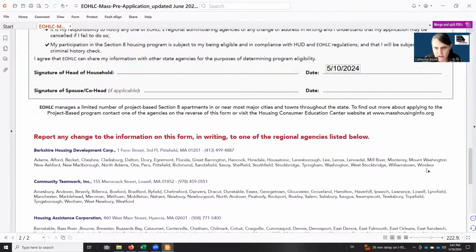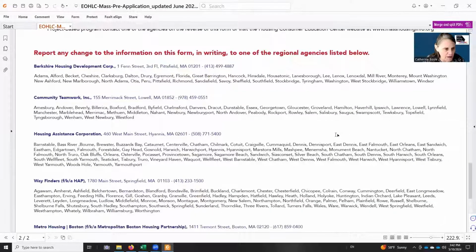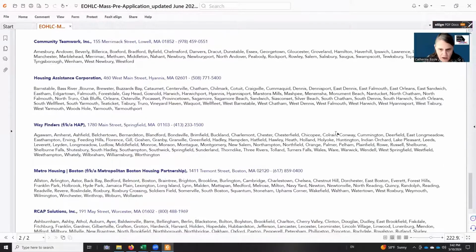And then once this is printed out, this is going to be mailed to the nonprofit organization that handles the region where Anita lives. And for the purposes of our exercise, let's assume that that is Metro Housing Boston. So this would be mailed to 1411 Tremont Street in Boston, Metro Housing Boston.